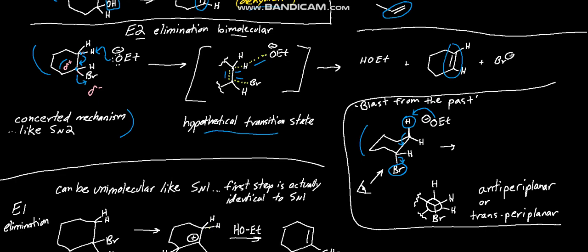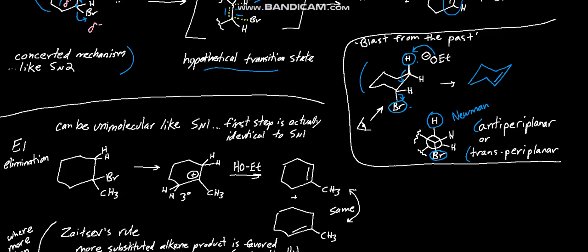We call the arrangement of this hydrogen and this bromine anti-periplanar or trans-periplanar. Remember Newman projections. There's our hydrogen, there's our bromine. So Newman projections can help us analyze the course of elimination reactions and sometimes help us determine the stereochemistry of the resulting product, which in this case is an alkene, without any alternate stereochemistry in that case.